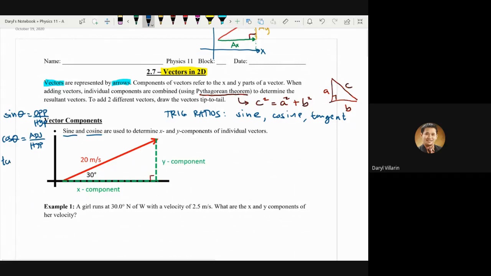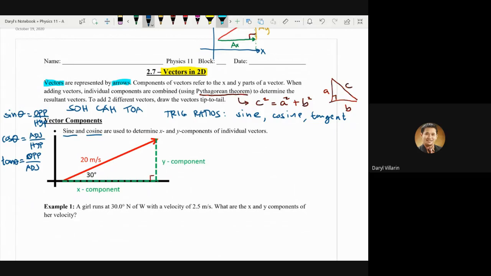And the tangent of a particular angle is the ratio of the opposite side all over the adjacent side. This is widely known as SOHCAHTOA. Just use the acronym SOHCAHTOA to remember the different ratios.